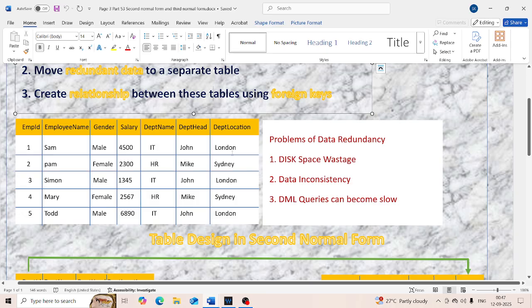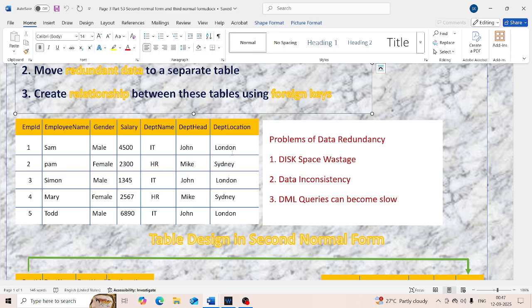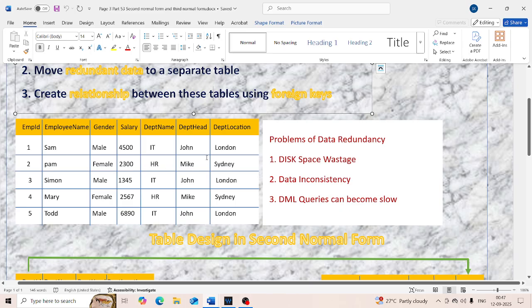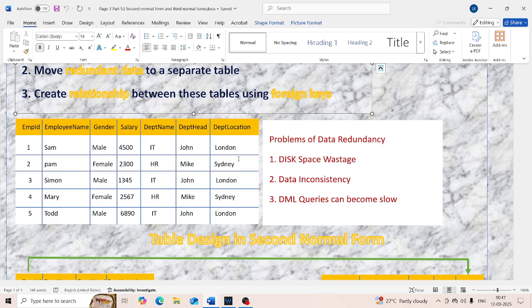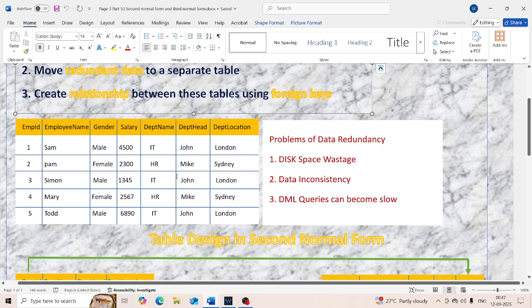But on the other hand, if we move this redundant data into a separate table, let's see how to split that. What we are doing here is splitting this table into two.